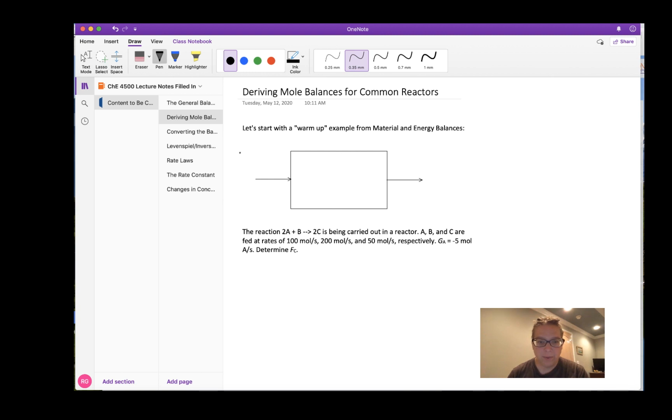So let's start out by filling in the information on this diagram. We know this is our inlet side, so we know some information about the flow rates coming in. So we have FA naught. We know FB naught. And we know FC naught.